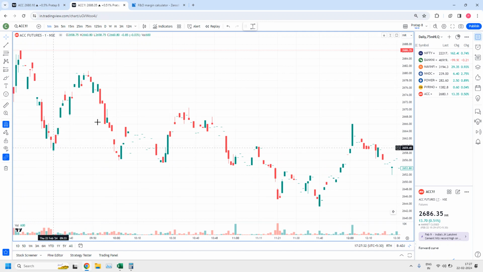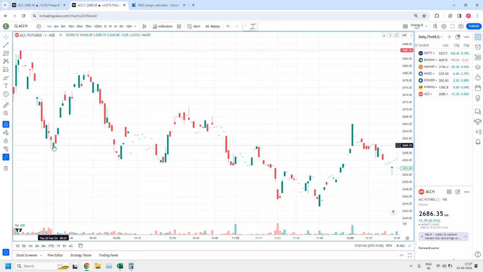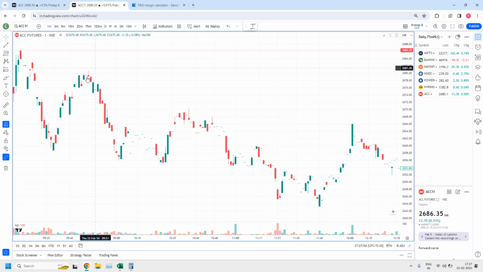Up to the 9:33 candle. From the 9:34 candle onwards, prices are moving up in equity, and in futures also. Again, prices start moving down from the 9:49 candle, here and here.